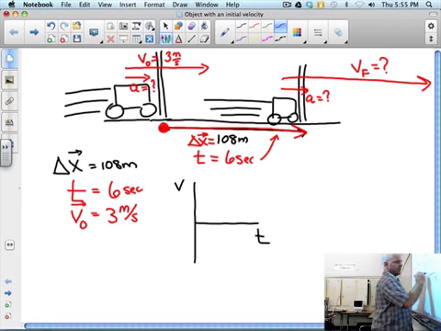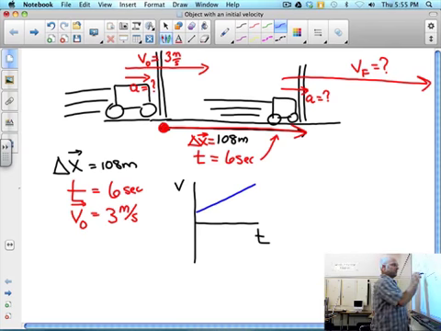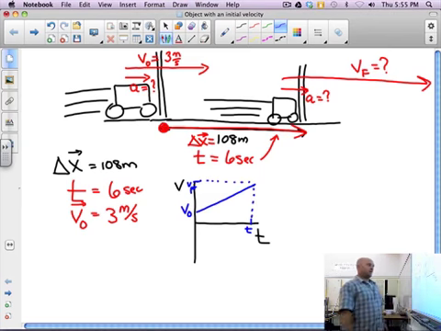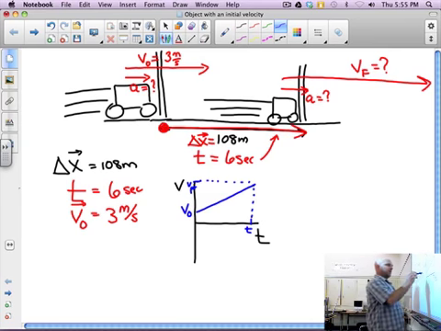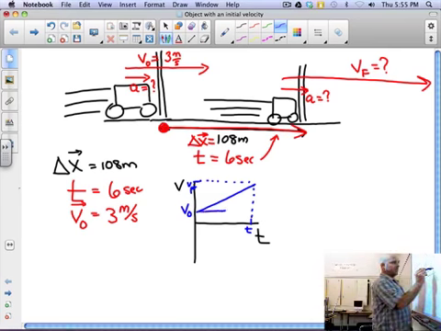Should look something like this. And this is your initial velocity. And this is your final velocity at time that we define as t. Okay? And you should know that this area is that of a triangle.